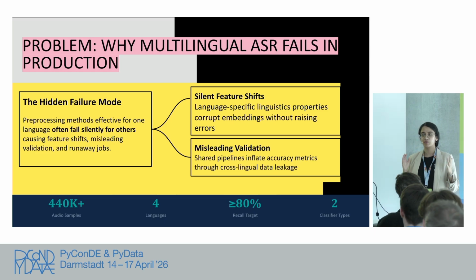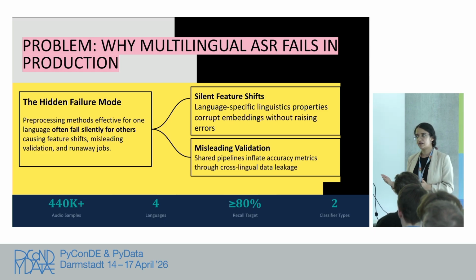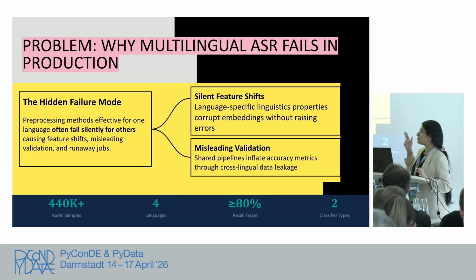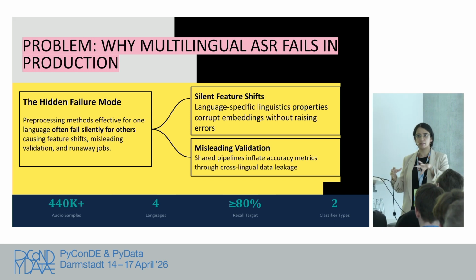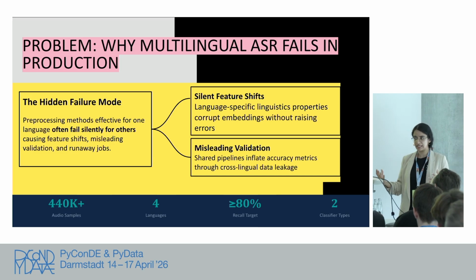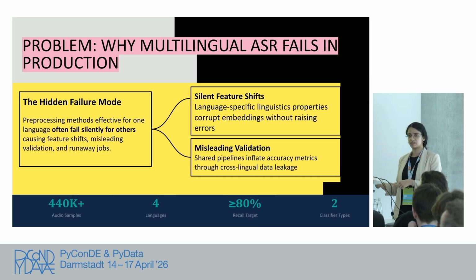The reason is we don't want the model to overfit on a specific data sample. And here, misleading validation implies that you have a data sample which is well bifurcated into various sets. Then once you have trained the model on the various languages, you test on different validation samples, unseen data.